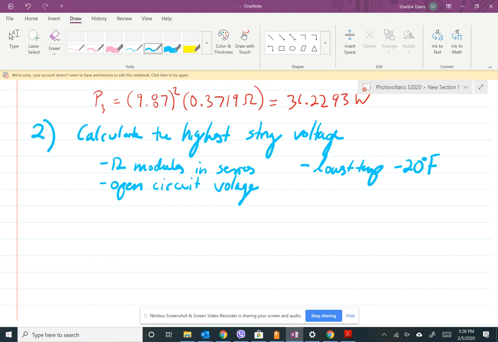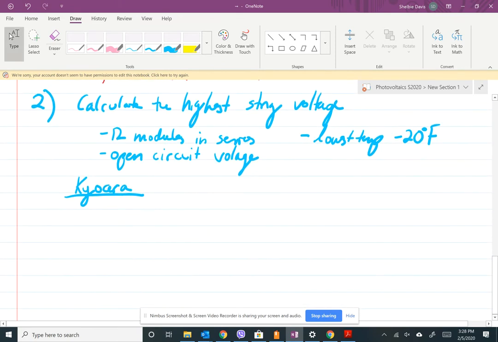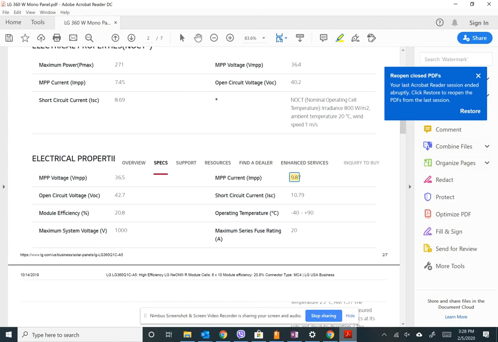Now let's look at the Kyocera first. This is the 320 watt. Alrighty, so first of all, we need to go back to the Kyocera spec sheet.